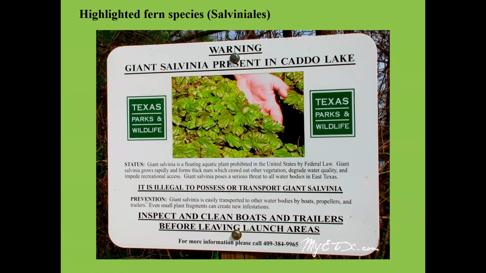Look at this. Illegal to possess or transport these plants, right? You got to look at your boat before moving your boat to another place because it's such a problem, and it's bad for the ecosystem.